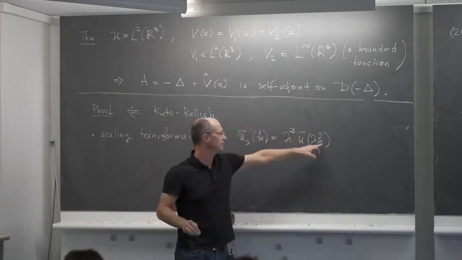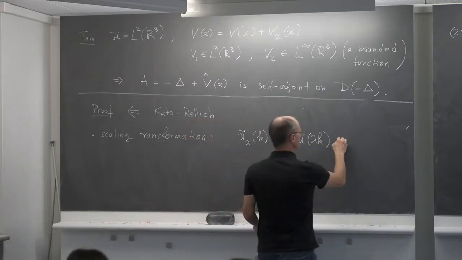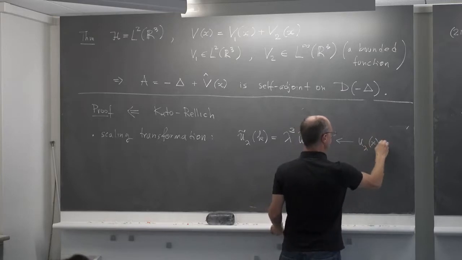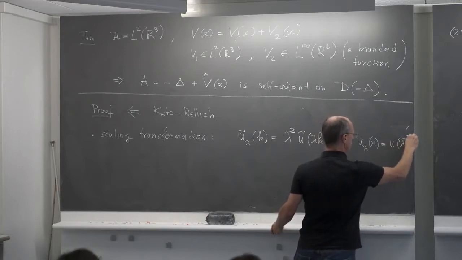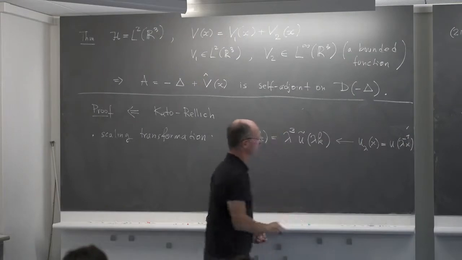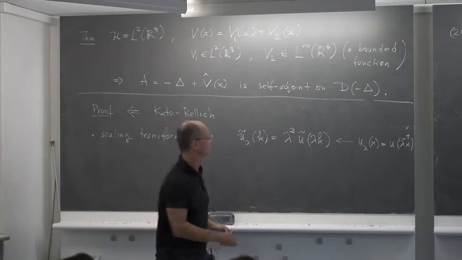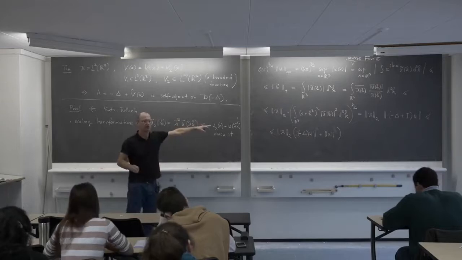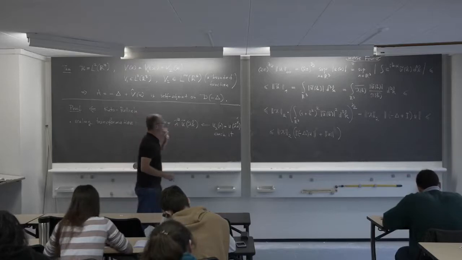So I rescale the argument, and I rescale the function. I think it's easy to check that this corresponds to u lambda of x equal to u of lambda minus 1 x, if I'm not mistaken. So I have to rescale the arguments, and at some point I should also rescale the functions.